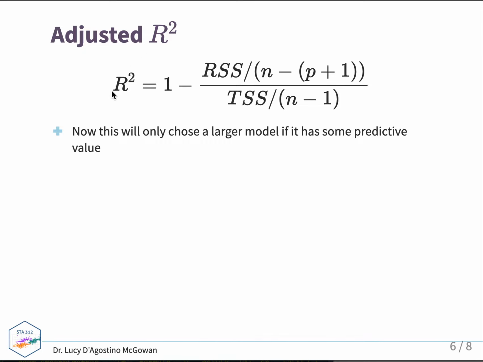So adjusted R-squared is a better way to compare models because it scales this value to take into account that we're adding a predictor, penalizing us a little bit for that, to make sure that adding that predictor is actually really worth it.